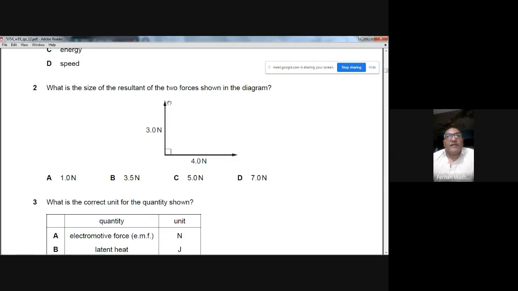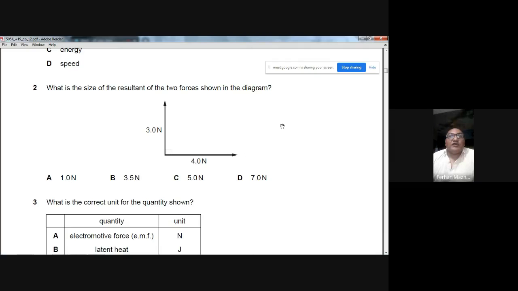If you complete the parallelogram, it will be in the shape of a rectangle. If I join the point where the tails are joined with the opposite corner of the rectangle, this will be the resultant. Because it's a rectangle, this side will be 4, this side will be 3, and I want to find this diagonal.